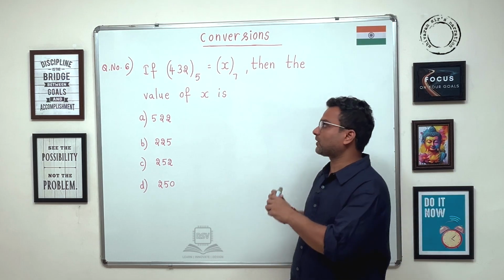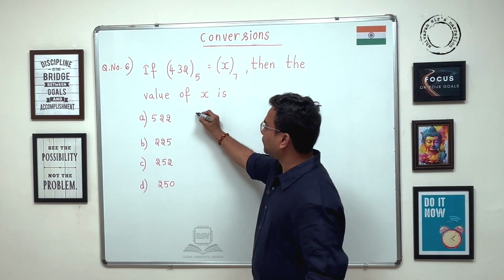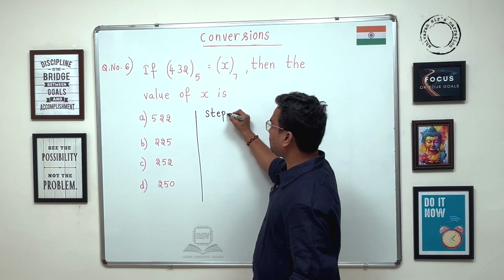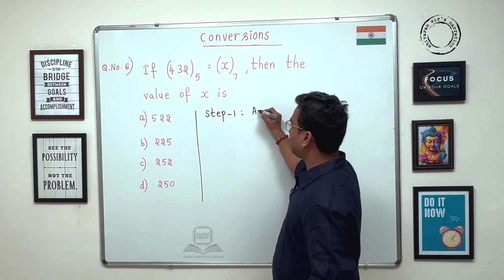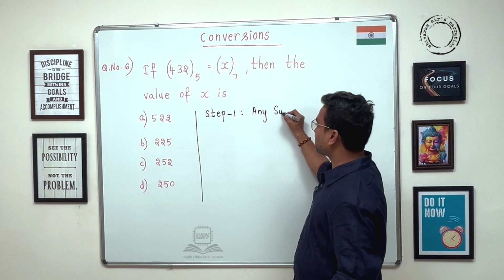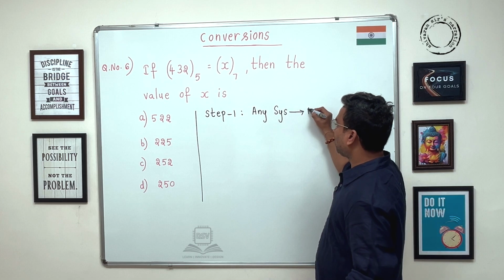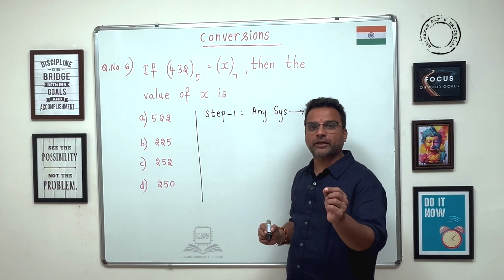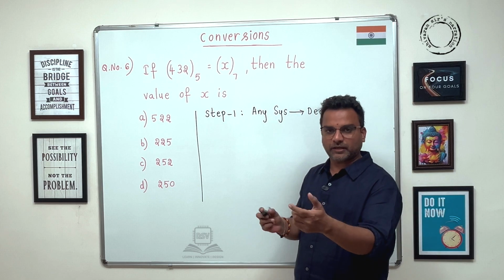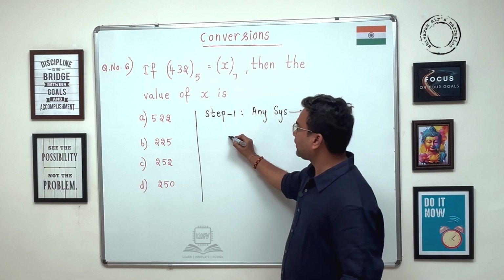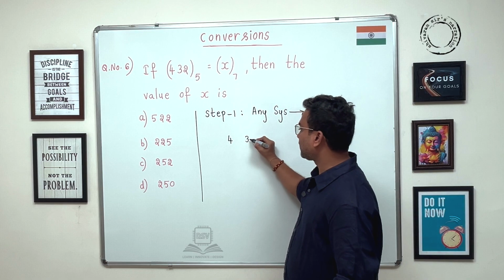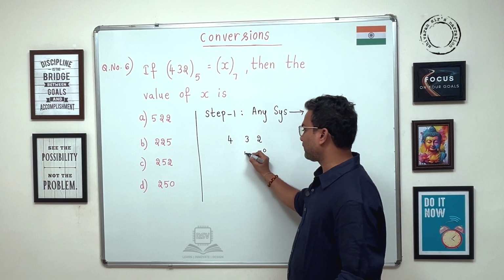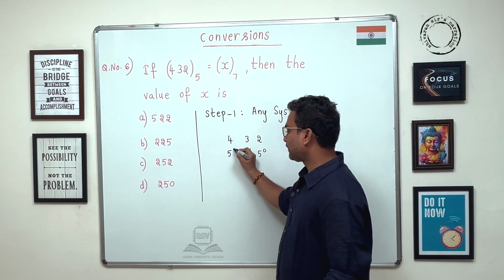That's it. Let us start. Here 432. First we convert any system to decimal. This is the first step of the two-step procedure. What is the procedure, guys? We need to multiply with their positional weightage and finally add. So it is 4 3 2, with 5 power 0, 5 power 1, 5 power 2.